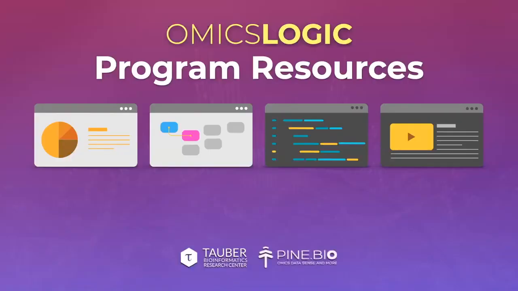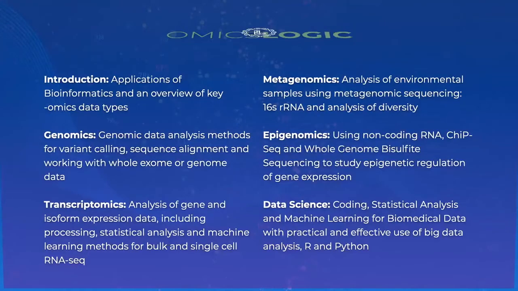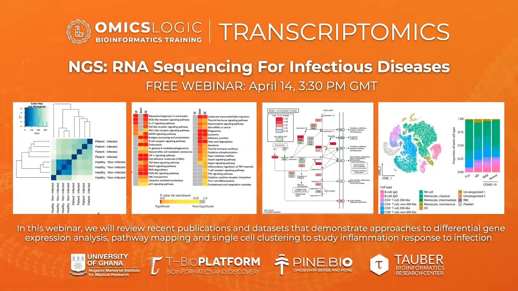This comes with a lot of program resources that we've developed that we think could be very helpful for all of you. We tried to combine all of these resources on our OmicsLogic training portal that has a variety of different types of asynchronous courses, as well as more guided programs that are led by experts in bioinformatics. We provide for all of the participants of this program access to specific sessions that you can access to understand whether that program is right for you.